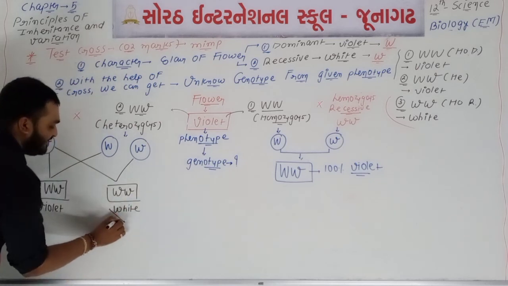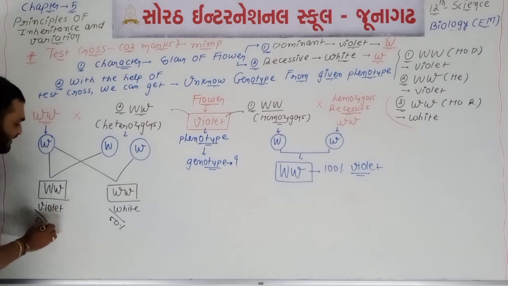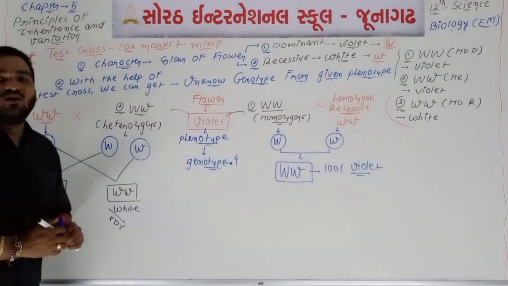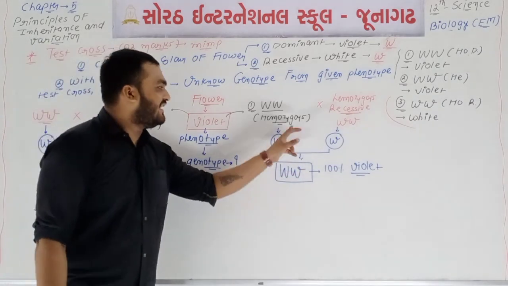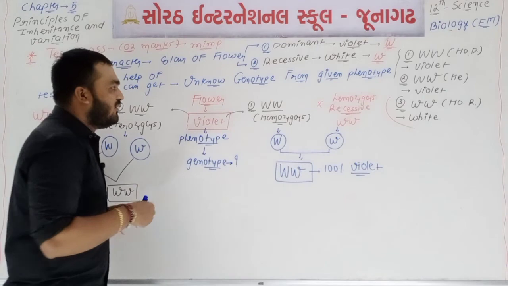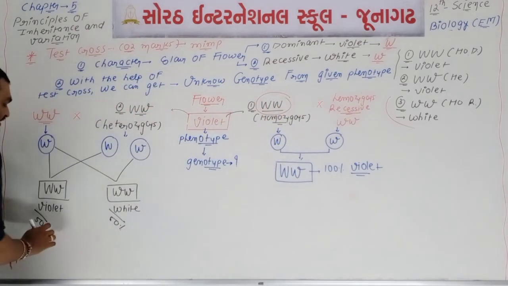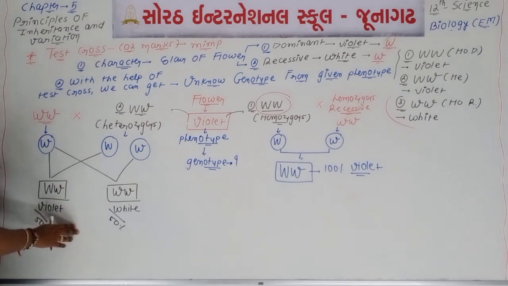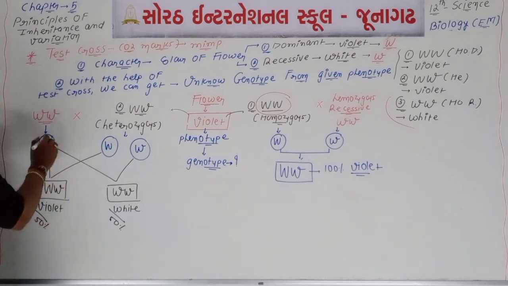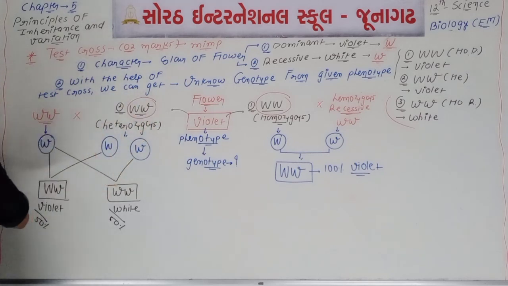So 50% white and the remaining 50% violet colored flowers will be produced. If 100% dominant character is there, then the unknown will be homozygous, capital W. And if as a result we get 50% violet and 50% white, then the unknown genotype will be heterozygous, capital W, small w.